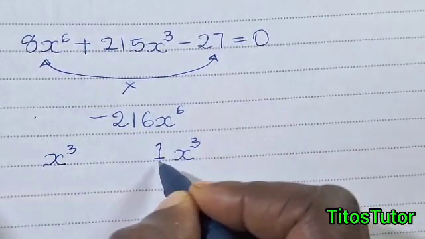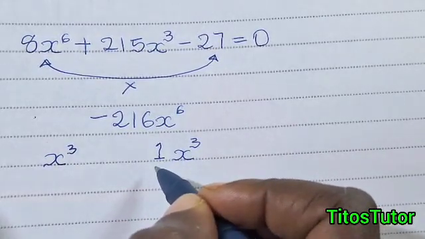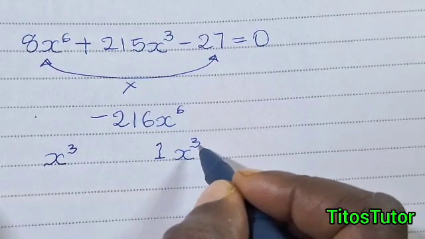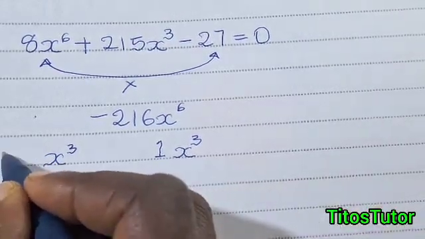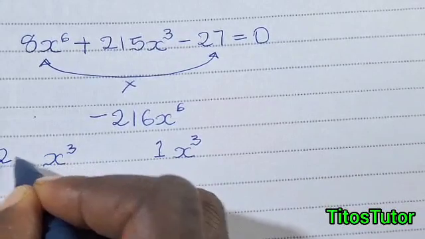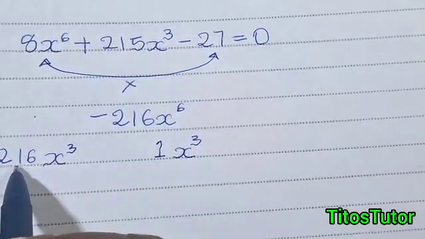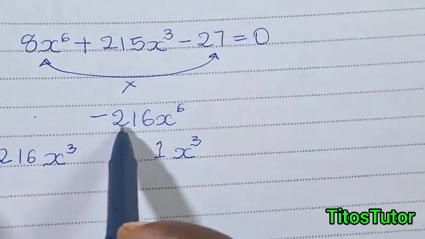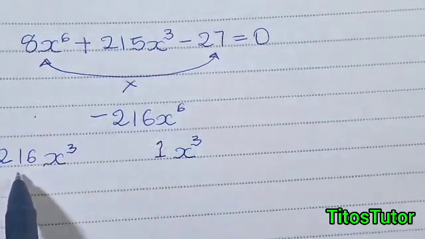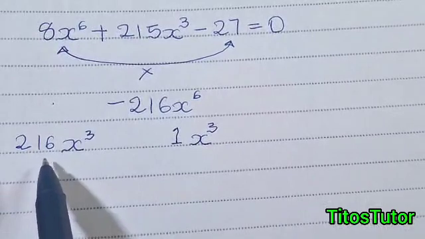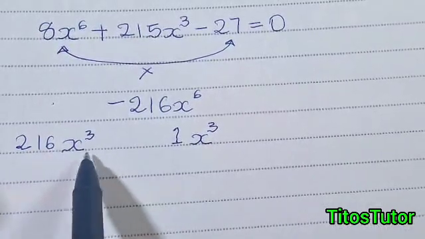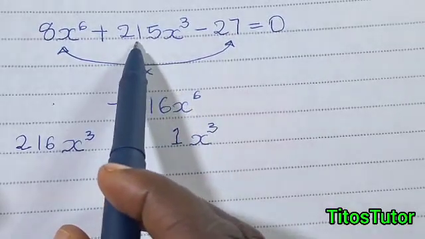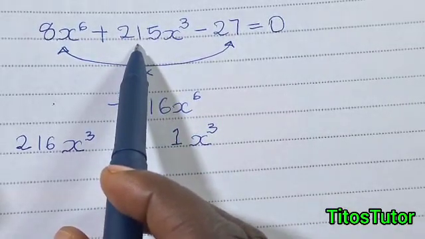Please don't write the coefficient 1 because it's redundant. x cubed means just 1x cubed. So here I have 216. So 216 multiplied by 1 will give me 216. But it's a negative 216. So one of the factors must be negative. To determine which one is negative, you check the coefficient of x cubed.